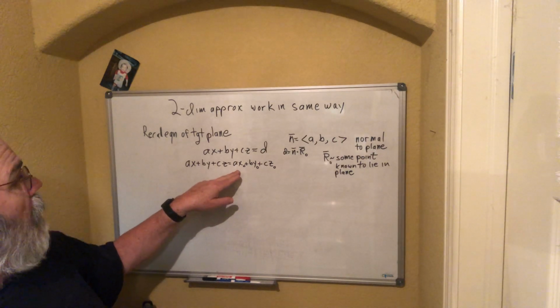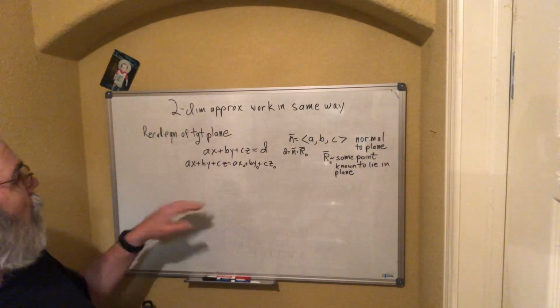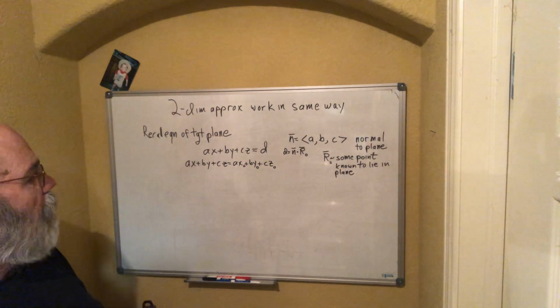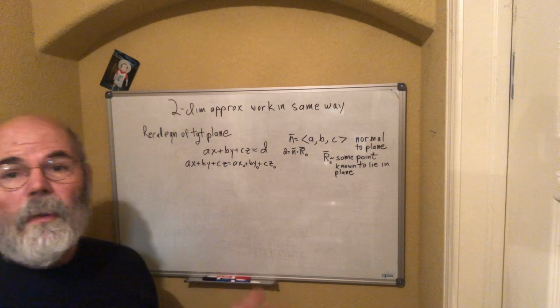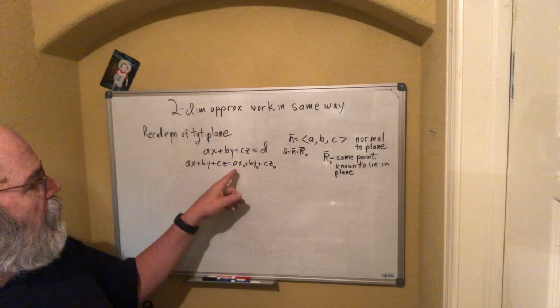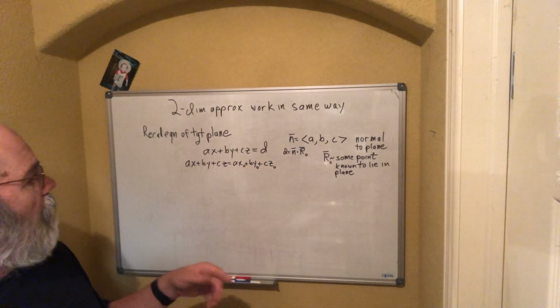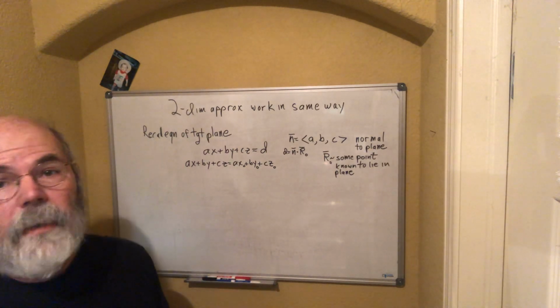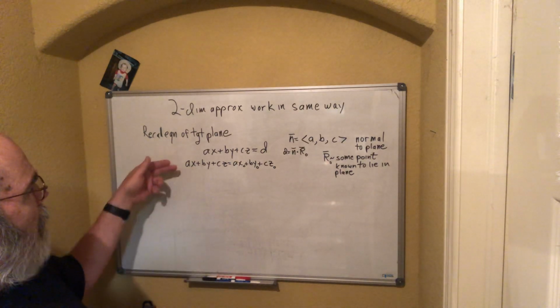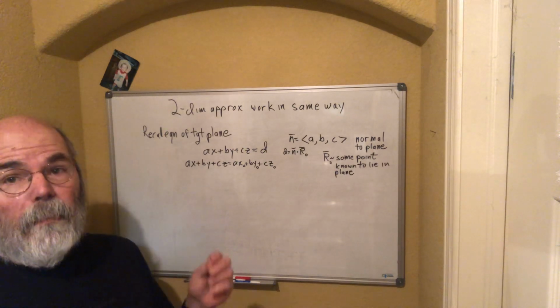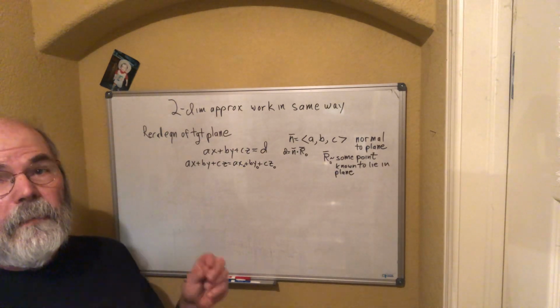And then here, we have the variables x, y, z, and so remember what this means is, we know the numbers A, B, C, x naught, y naught, z naught, then every point x, y, z we can find that satisfies that equation is a point that lives in the plane we're talking about.